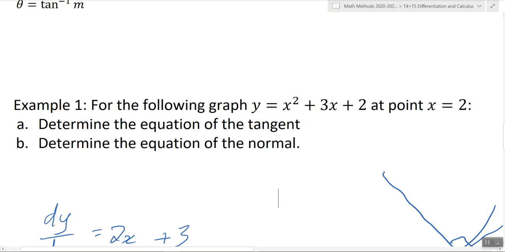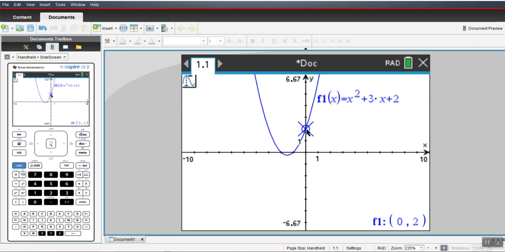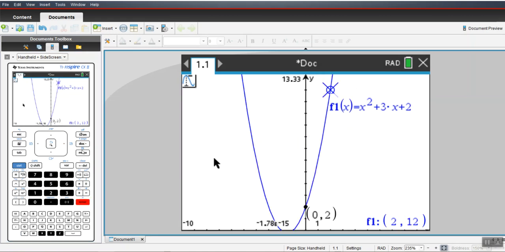x equals 2. So we're going to find, using trace, x equals 2. There you go. So if you type in the number 2, it goes to x equals 2, and you get the y value 12. So we now know the value.